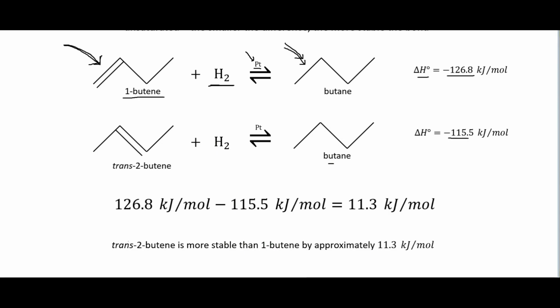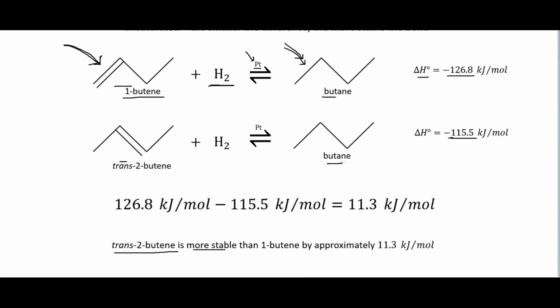So if we look at this, what we see is that the trans-2-butene is more stable, so it's giving off less heat, which means the bond contains less energy. Bonds with less energy are more stable bonds. So if we are giving off less energy when we go from here to this, or here to this, we're going to the same product in both cases.